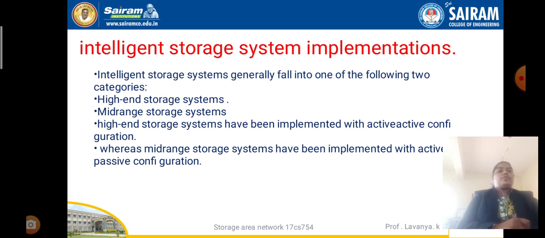Before that, we have two types of intelligent storage systems, that is the high-end storage system as well as the mid-range storage system. We will discuss them one by one in the next video, how they work and what functions they carry out. And we will learn about the working process of the mid-range storage as well as the high-end storage. Thank you.